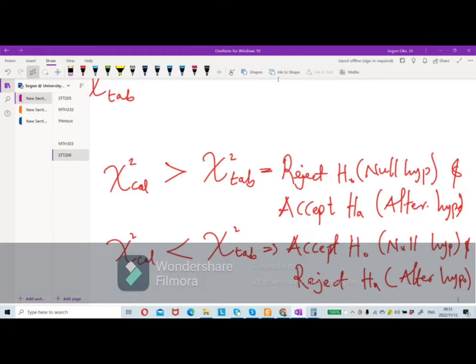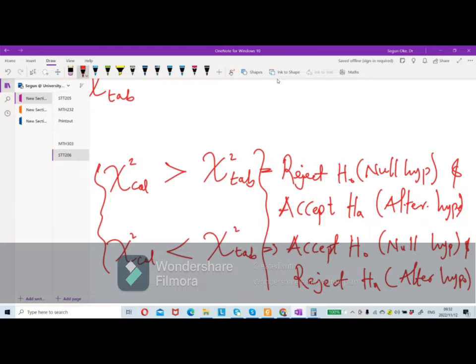The question can come in this form in your exam: when do we reject? They can give you the symbol like this, or this symbol. At what point should we accept, or at what point can we accept H naught, and at what point can we reject H naught?